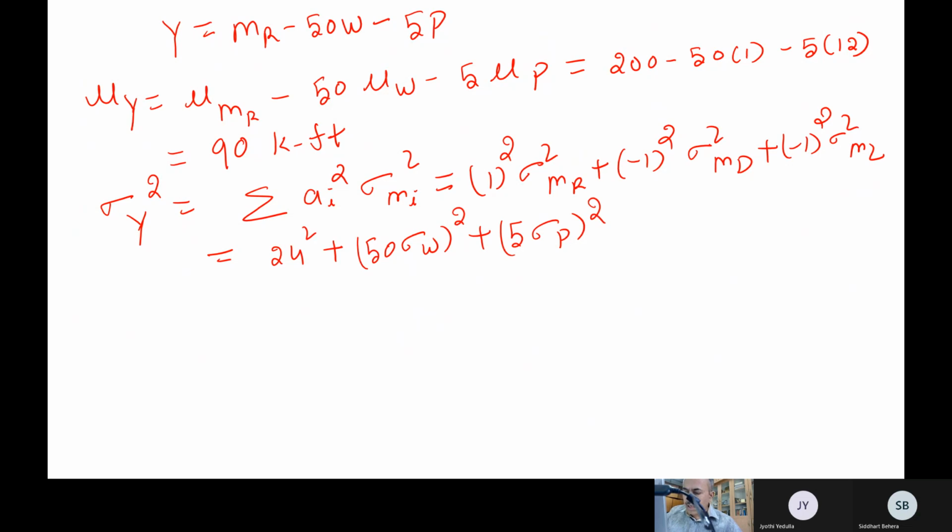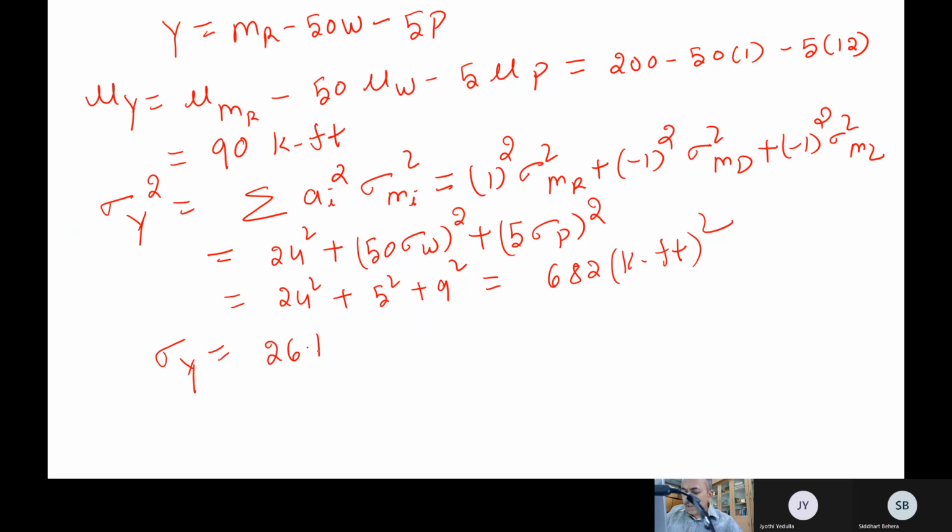Dump all those numbers: 24 square plus 5 square plus 9 square. So this turns out to be some 682, kft whole square. Now for the standard deviation, you take the square root of this expression. So this turns out to be 226.1 k feet. This is our standard deviation.